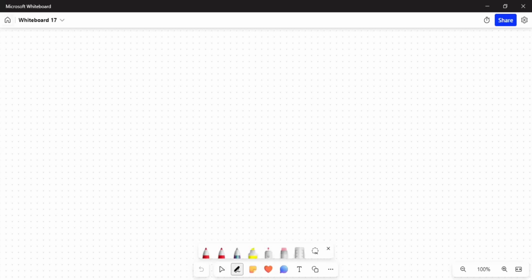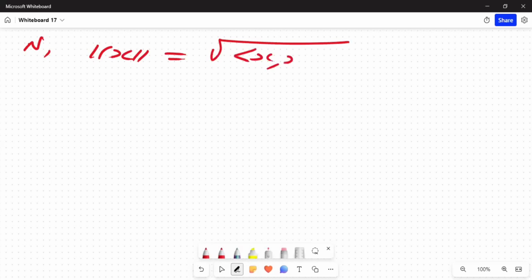For N1, norm of x, the way it's defined, is the square root of the inner product of x comma x. By what we know about inner product, this inside object is greater than or equal to 0, is it not?